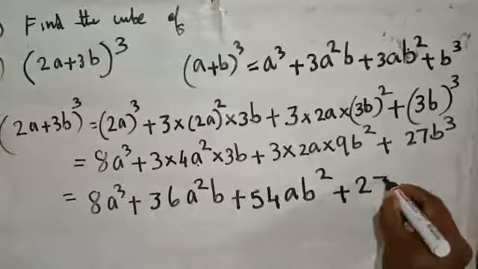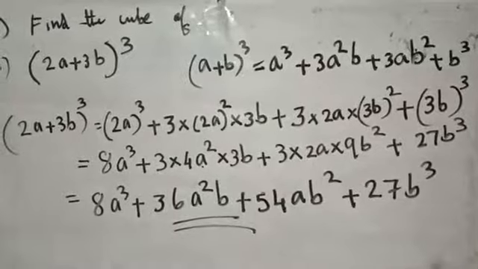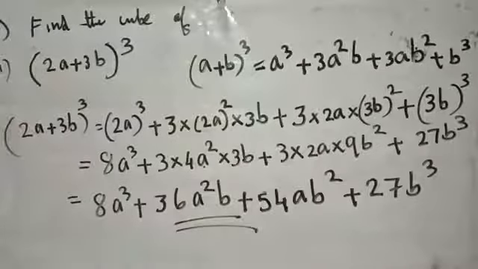Okay, plus 27b cube. This is the answer. 8a cube plus 36a square b plus 54ab square plus 27b cube is the required answer.